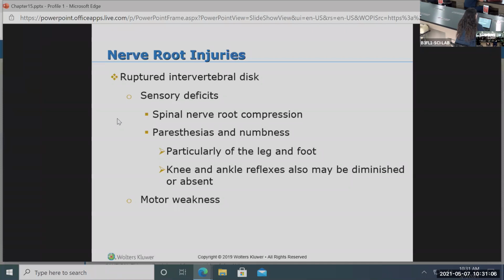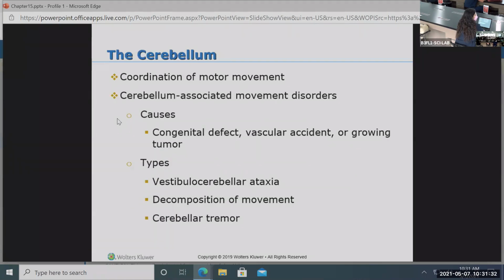Knee reflex: we use a rubber mallet on the patellar tendon to see the knee reflex. And the tendo-Achilles, the calcaneus tendon at the back of the ankle: we tap on that calcaneus tendon to see ankle reflexes. Now the cerebellum, which is located posterior to the midbrain, inferior to the occipital lobe of the cerebral cortex.